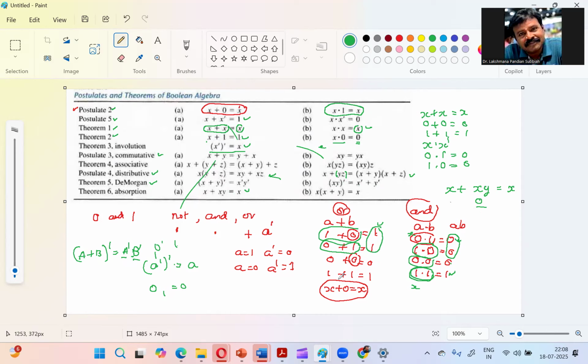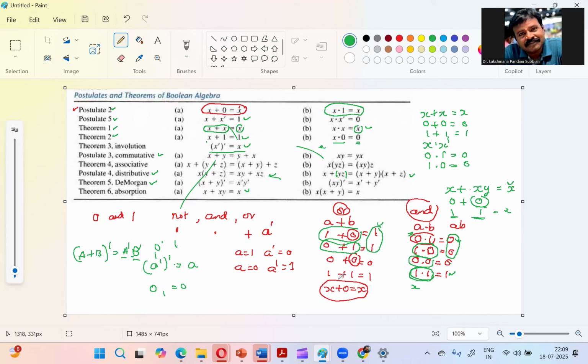Then if x is 1, the result depends on x. If x is 1, the term is 1. If x is 0, then this is going to be 0. So we are getting the result x only. x is 1, y may be 0 or 1, we are getting the result x only.